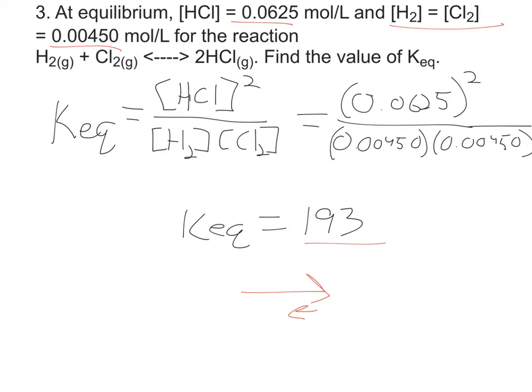So if I'm looking here, I'm losing H2 and Cl2 a lot faster than I'm losing HCl. I'm gaining HCl faster, because the forward is going faster. And that's indicated by this big number, a number bigger than 1. Any number bigger than 1 means the forward reaction is faster than the backward reaction.